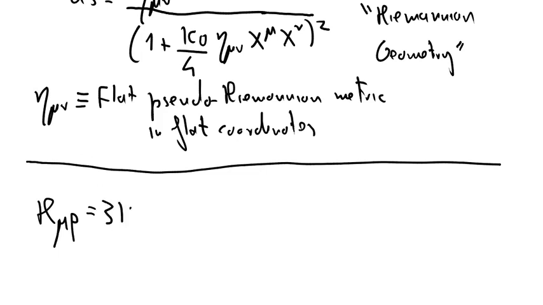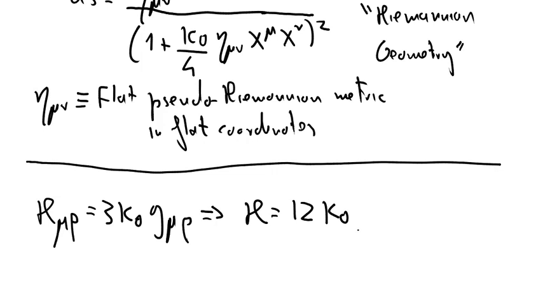I'm just going to give you the result. From here we get that the scalar curvature is proportional to the sectional curvature, so we can classify the spaces according to the sign of the scalar curvature.